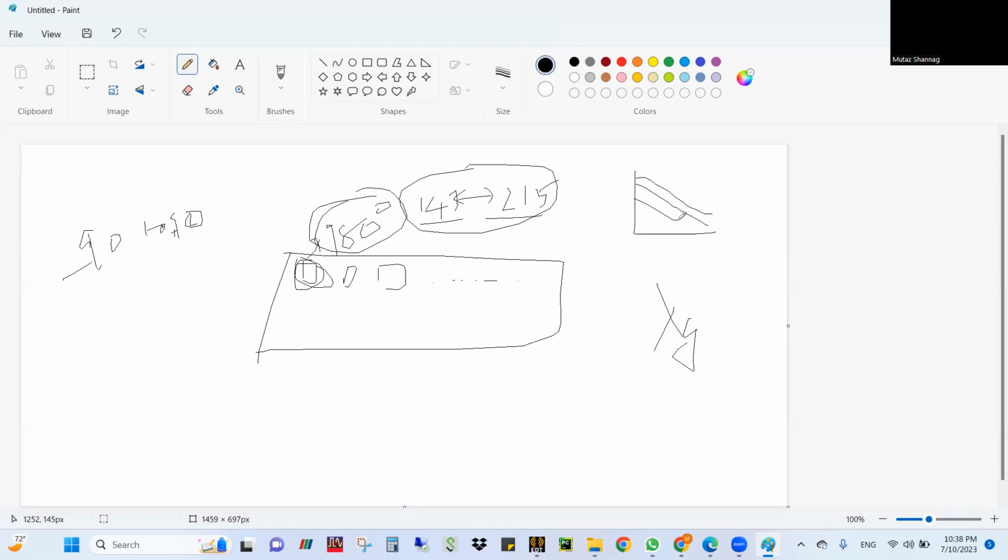Whatever the difference between these two curves, minus 90 to plus 90. Let's say this is minus 90, this is plus 90. Within this, let's say F0 is the design frequency, this is F2, this is F1. So this is the frequency range. Bandwidth will be F2 minus F1.